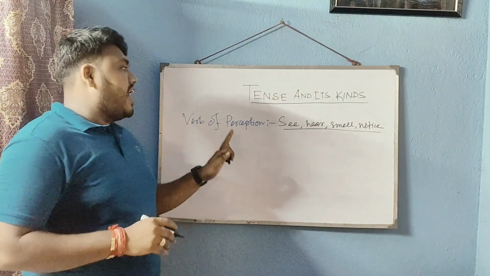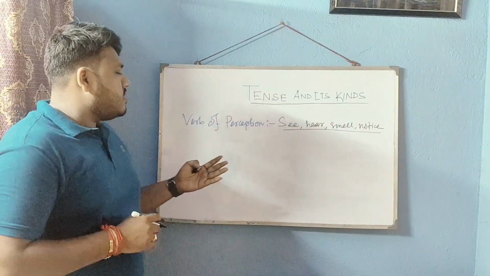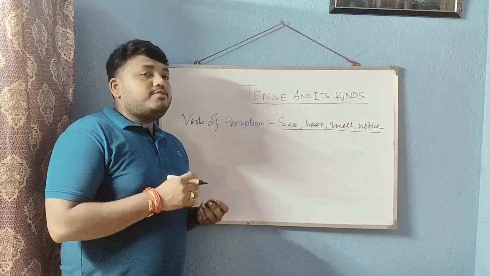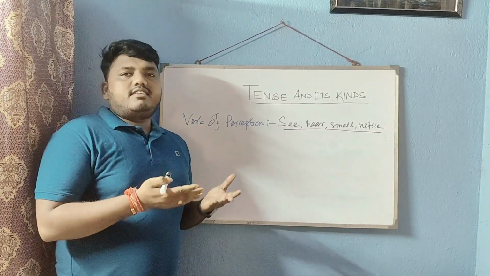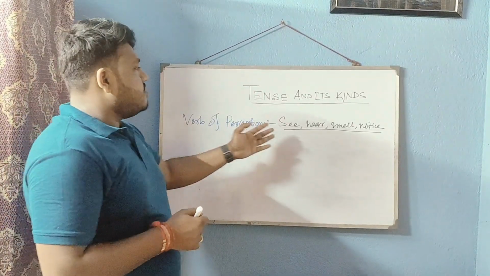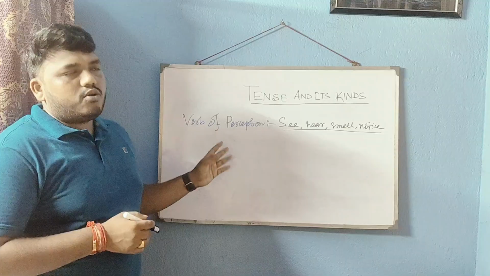We cannot use ing form with such words. You have never heard someone saying, I am seeing it, I am hearing that, I am smelling it, I am noticing it. It can be said, but it is wrong to say. We cannot say this. So these are the verbs which we cannot use in the present continuous form.